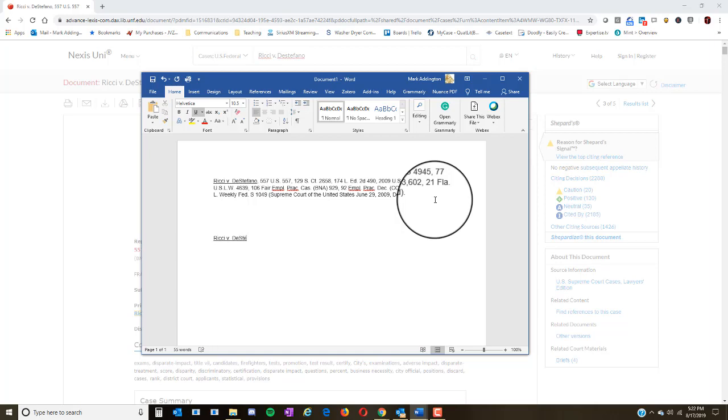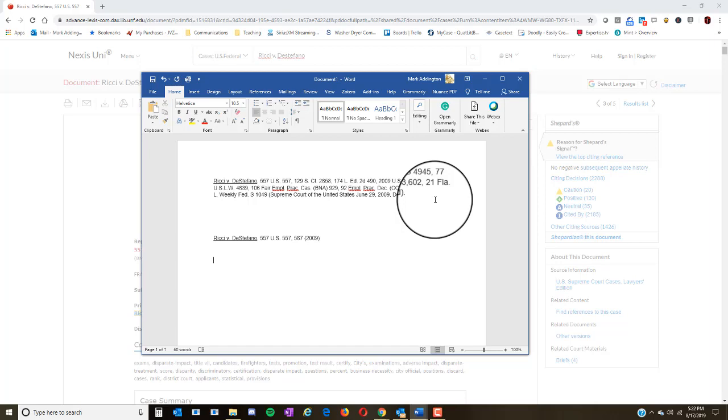DeStefano, and then you would give the volume number, the reporter, and the page number that it starts at, then a comma, and then if it's 10 pages back, 567 would be the pinpoint cite. And then after that, because this is a Supreme Court case, you would put just the year that it was rendered.